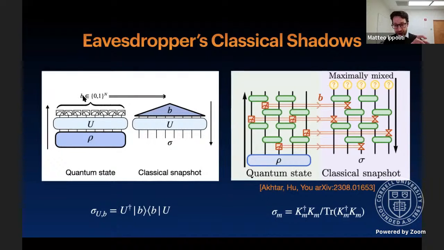We take this classical data, pass it to our simulation, and the simulation does this time-reversed evolution. It takes the final state and tries to rewind it with the application of U-dagger to prepare some classical snapshot. And the idea is to do the same thing in our new setting, where we don't have access to this final state, and we have these mid-circuit measurements. But it is the same.